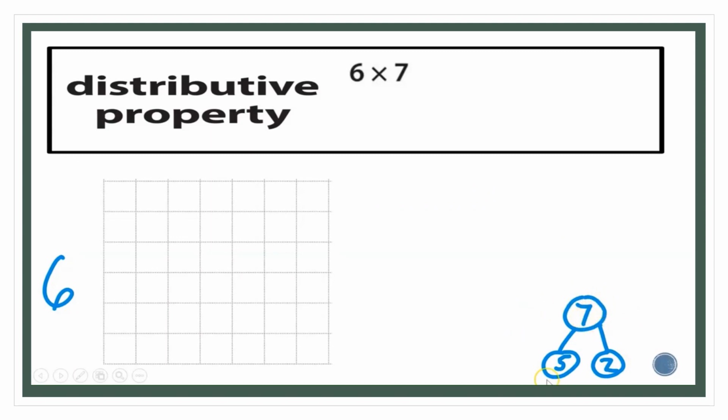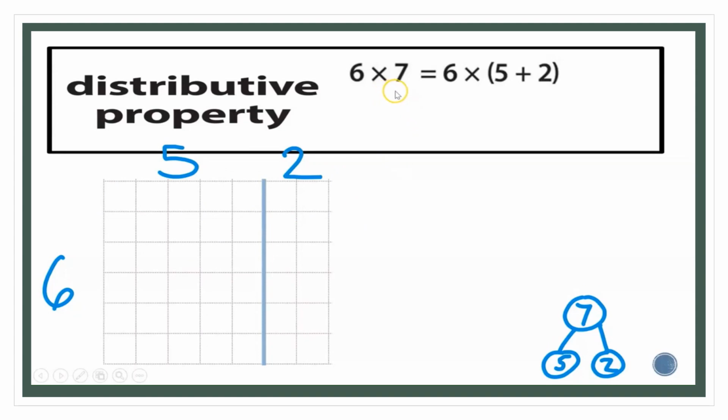So what does this look like when we're working with an array? Well, here I can put a line segment to partition this rectangle to show here's a group of 5 columns, and here's the other 2 columns. 5 columns plus 2 columns is the same as 7 columns.